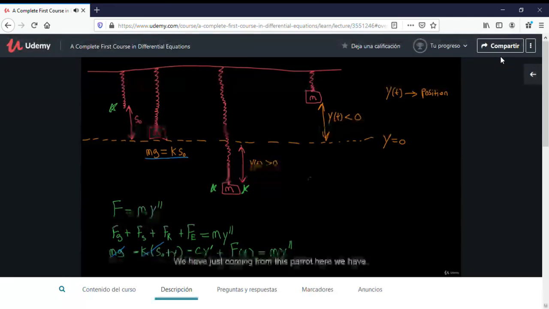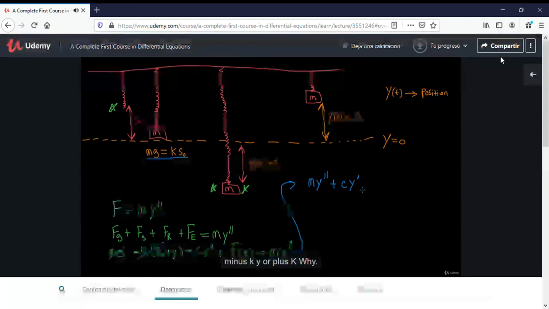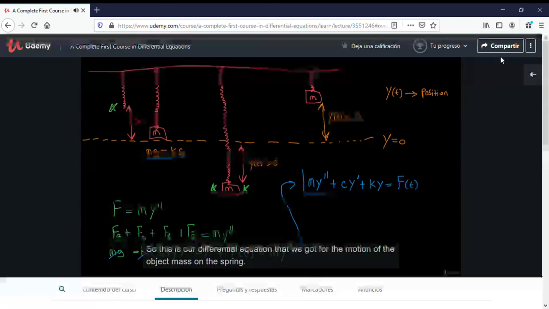We have my double prime plus cy prime plus ky, because we're bringing it all to the side of my double prime, equals the external force. So this is our differential equation that we got for the motion of the mass on the spring.